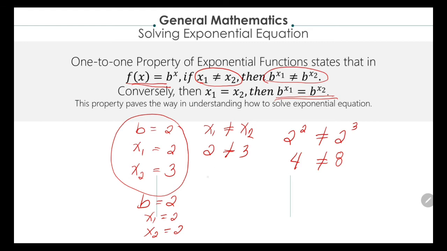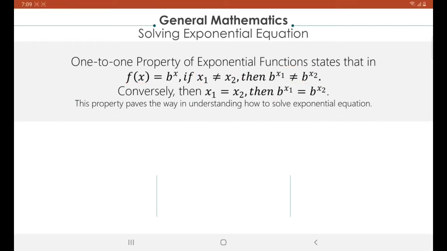So, erase natin yung ating base sa 2. Is 2 squared equal to 2 squared? So, 2 squared is equals to 4. 2 squared is equal to 4. They are equal. So, that is why if your base that is raised to x sub 1 is equal to your base raised to x sub 2, then x sub 1 is equals to x sub 2.